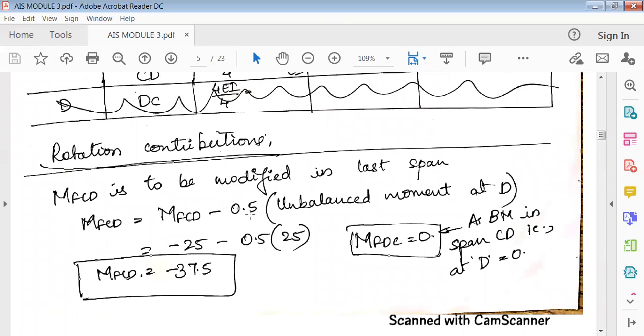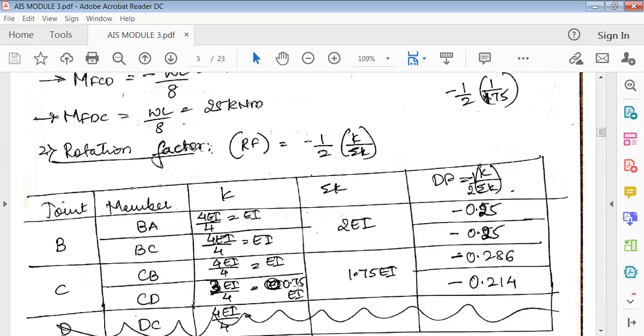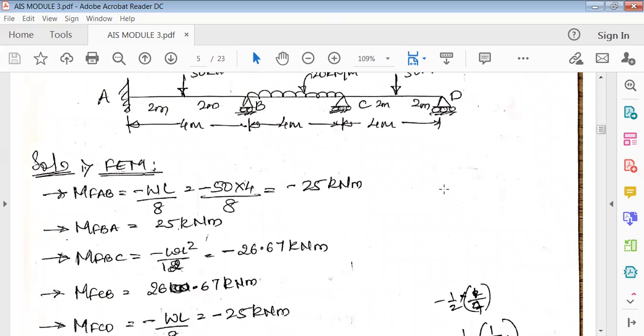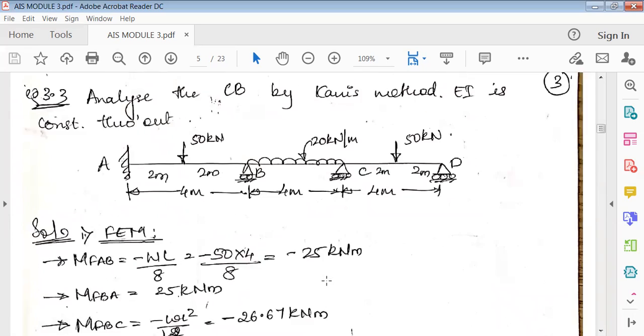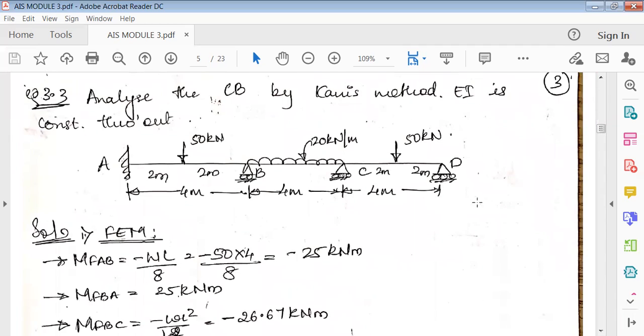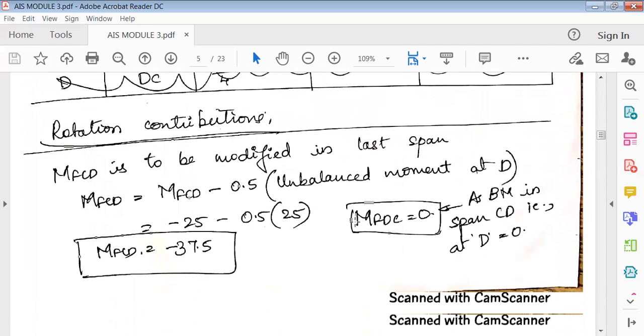MFCD is to be modified because that is the last span with the simple support. Whatever moment is occurring in the fixed end moment there should be transferred to joint C. Once again, whatever moment is occurring at joint D should be removed, made 0, and whatever fixed end moment is occurring at this portion should be transferred to joint C. And the formula goes like this.